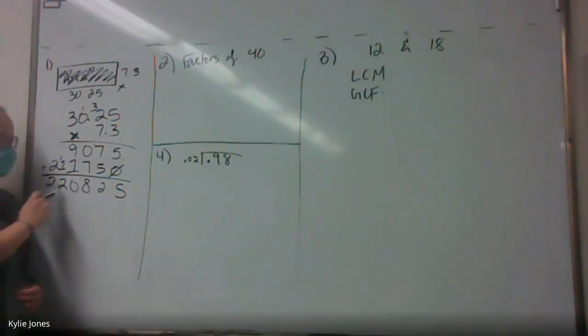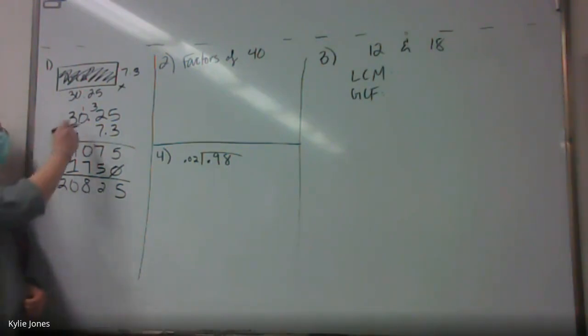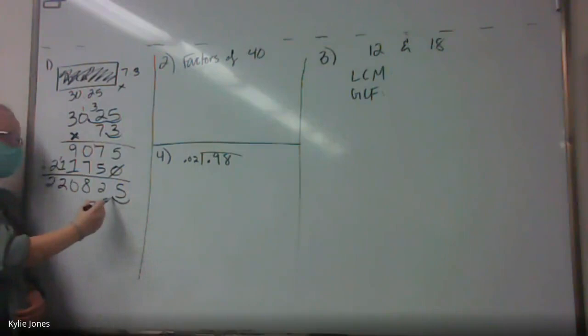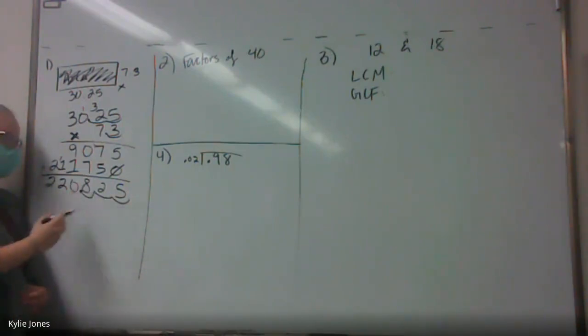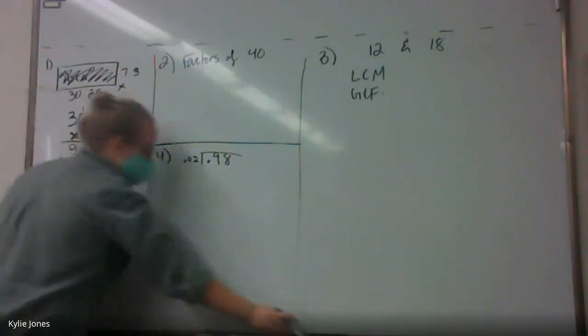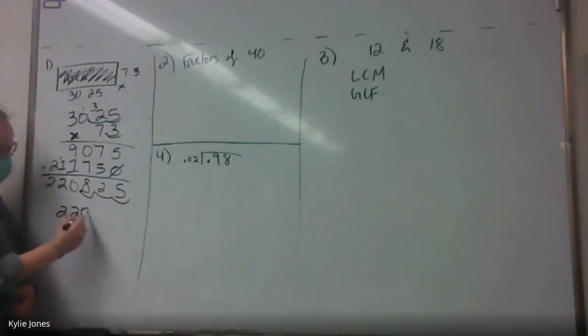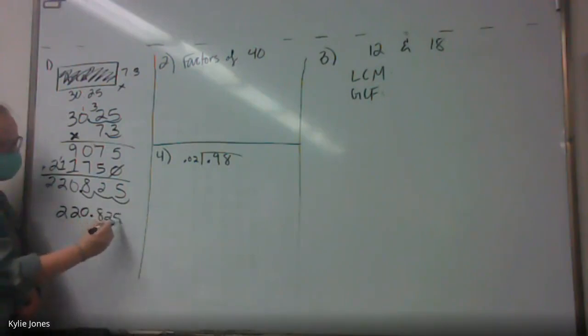So it's 220,825. No. Yeah, we need to move our decimal. We have 1, 2, 3 behind the decimal up on the top, so we need to move it 1, 2, 3 times down below. You get 220 and 825 thousandths.